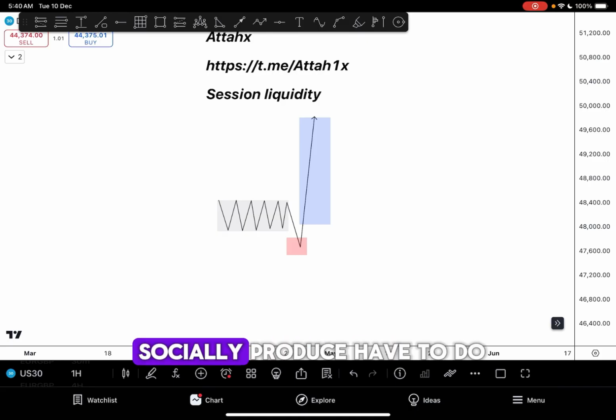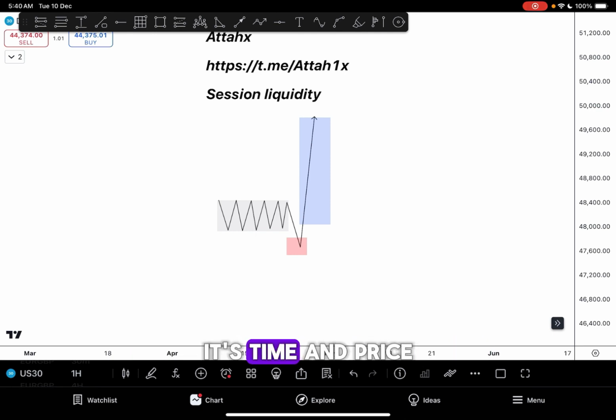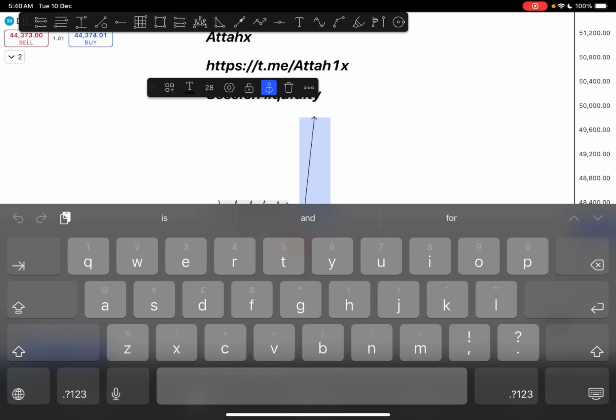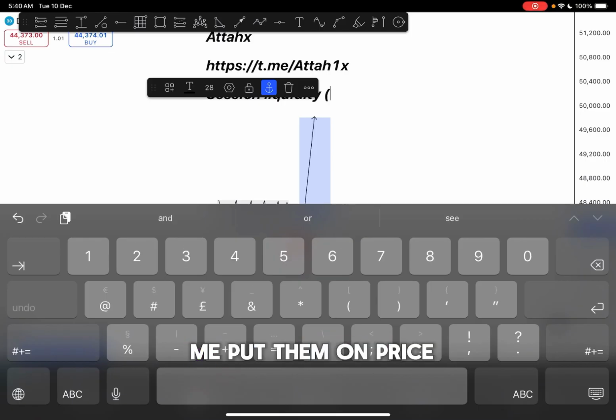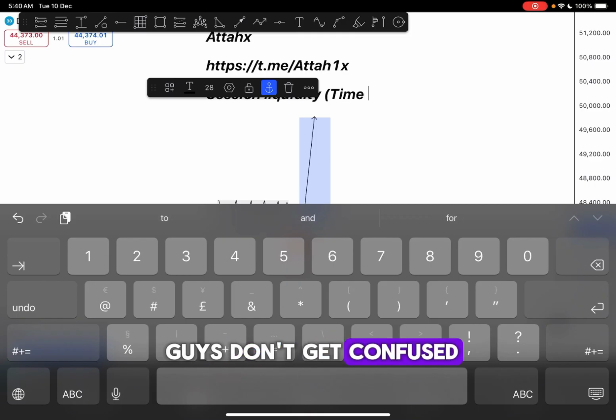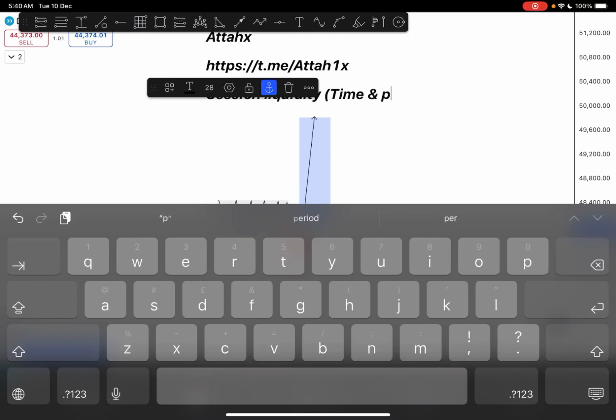I think the session liquidity also has to do with time and price. Let me put it as time and price so that some of you guys don't get confused. Time and price.